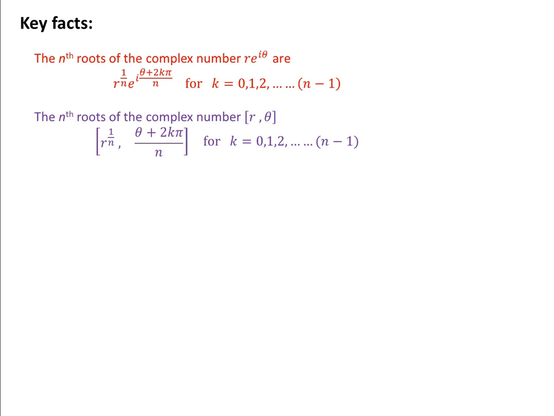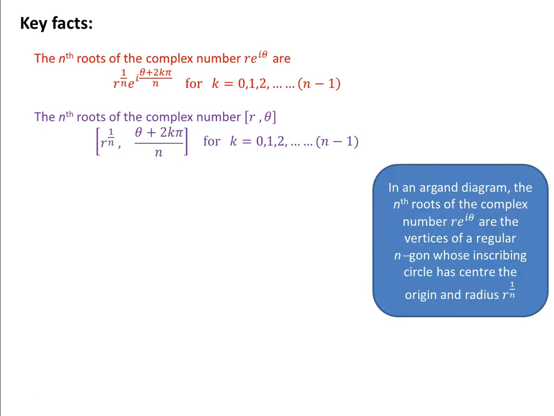And then in the previous video we looked at the nth roots of a complex number r e to the i theta, and we'll certainly be using that result again in the course of this video. If you think about plotting the nth roots of a complex number, they all lie on a circle of radius r to the 1 over n, so that's the nth root of r, with centre the origin.